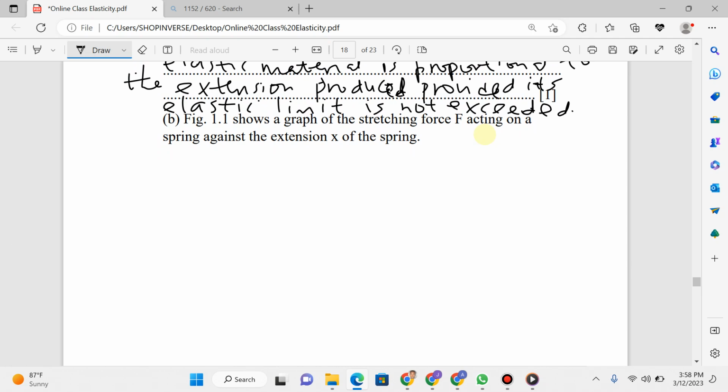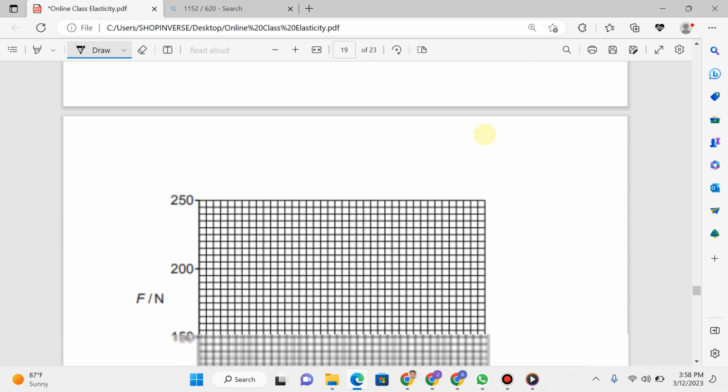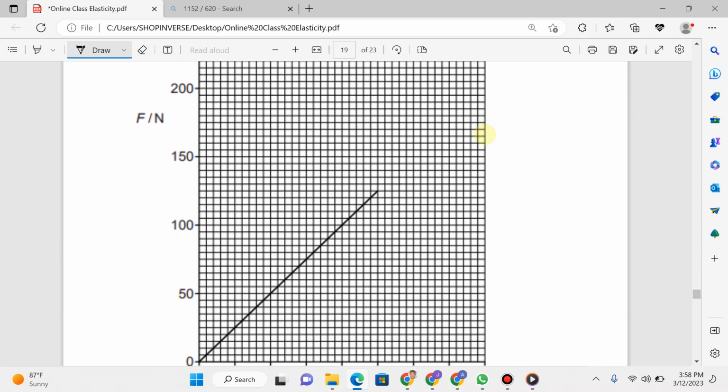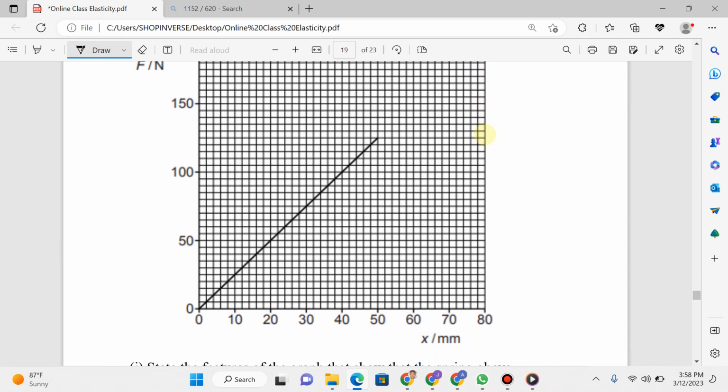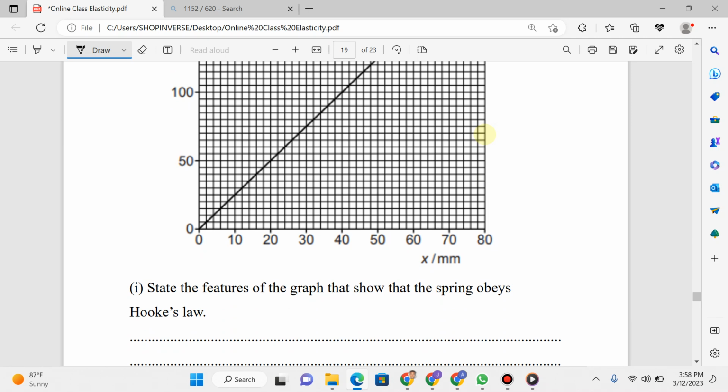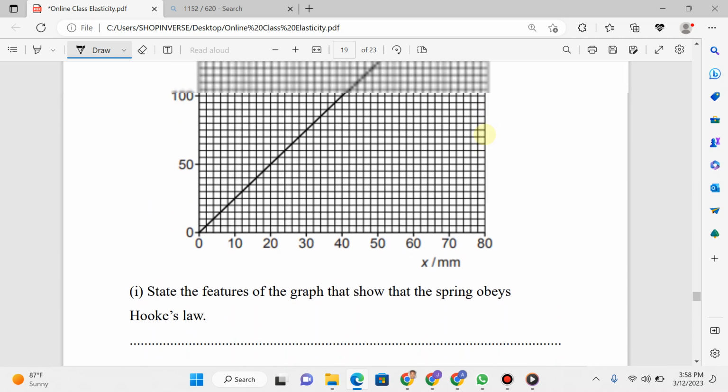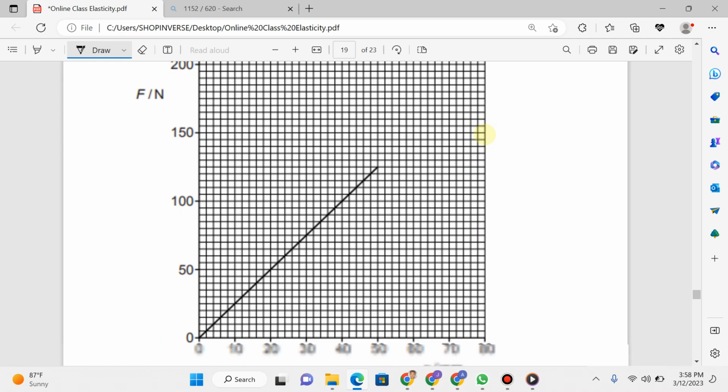Figure 1.1 shows the graph of a stretching force F acting on a spring against the extension X of the spring. So this is a graph, force in Newton on the vertical axis, extension on the horizontal axis. State the features of the graph that show that the spring obeys Hooke's law. What features of this graph show that it obeys Hooke's law?